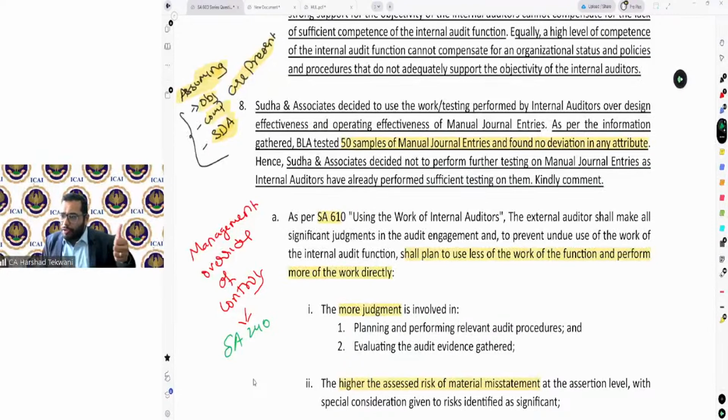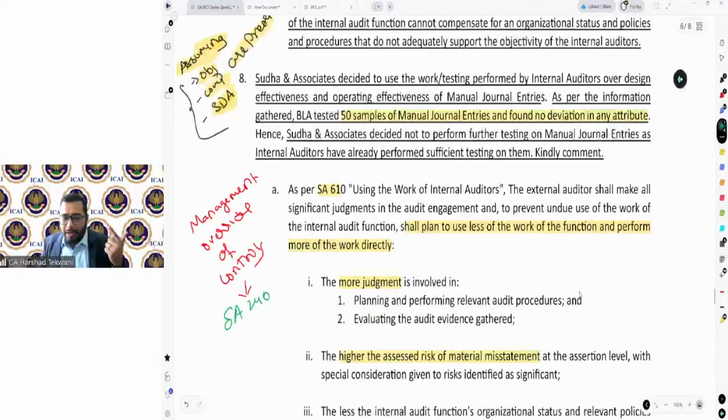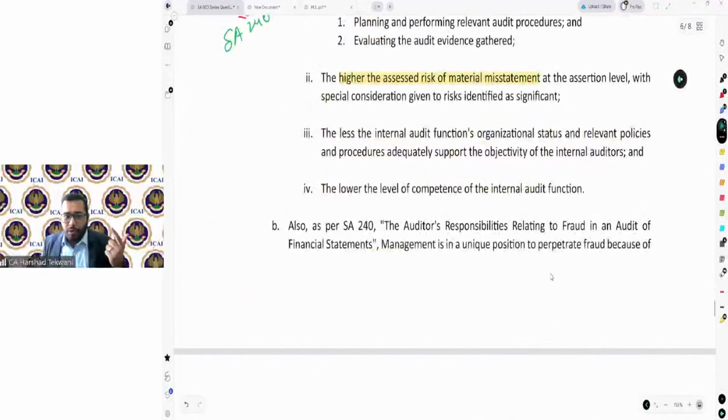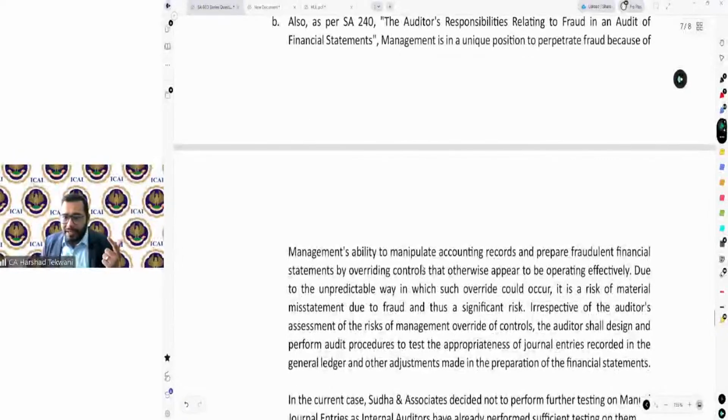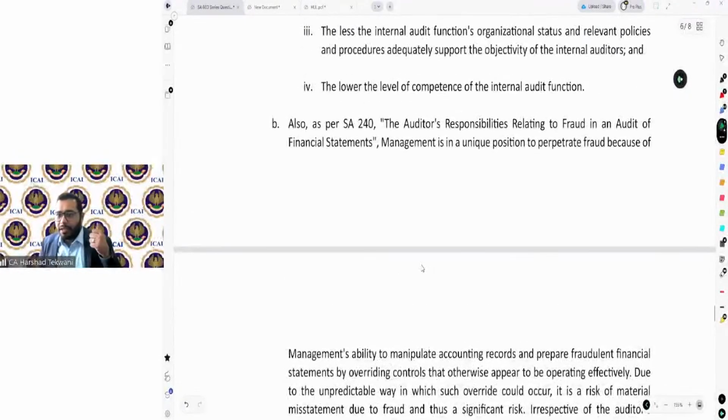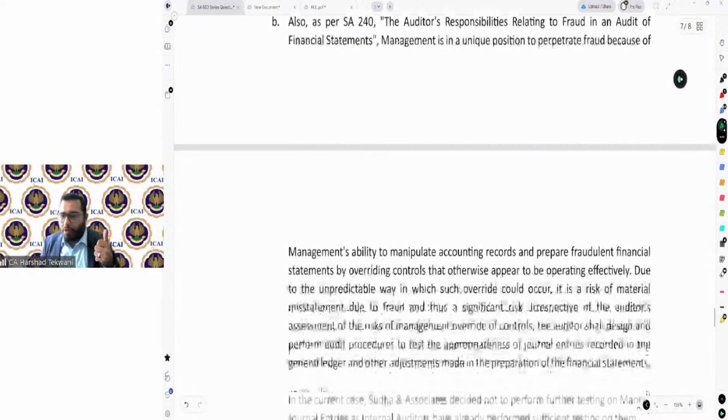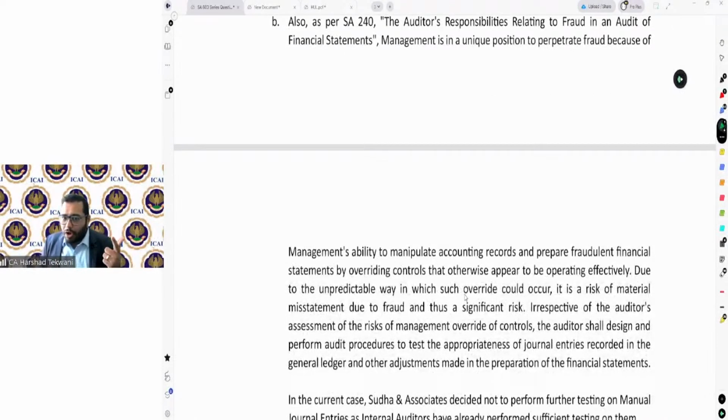One is risk of fraud in revenue recognition, and second is management override of controls. Remember, SA 240 talks about areas of significant risk an auditor needs to consider.